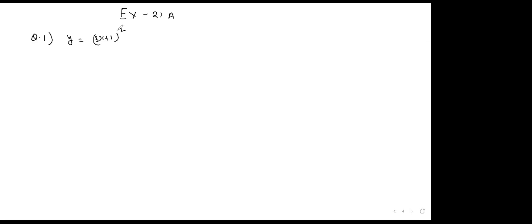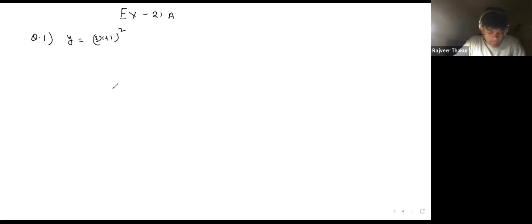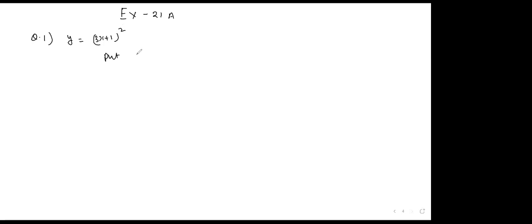Okay. So put 3x plus 1 equals t. Then we have y equals t square.